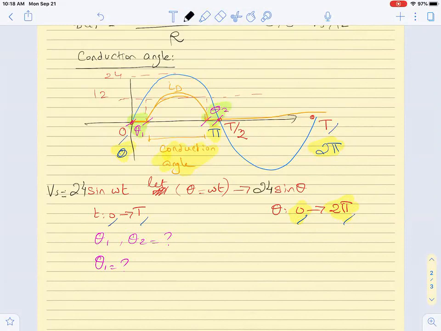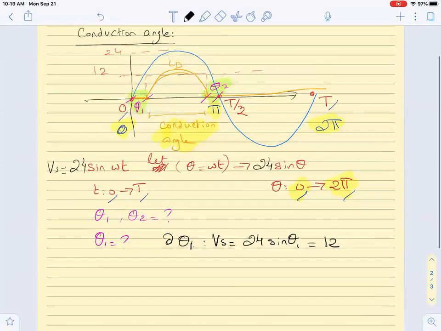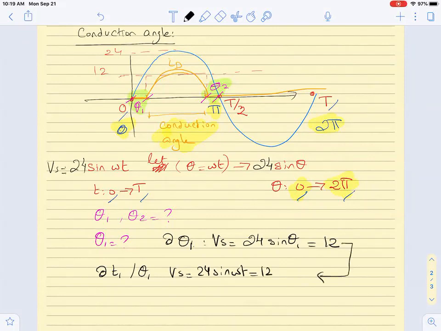So at theta 1, Vs equals 24 sine theta 1, which is equal to what? 12, right? Correct? At T1 or theta 1, Vs equals 24 sine omega t, which is equal to 12, and I can consider that I'm solving 24 sine theta 1 equals 12.